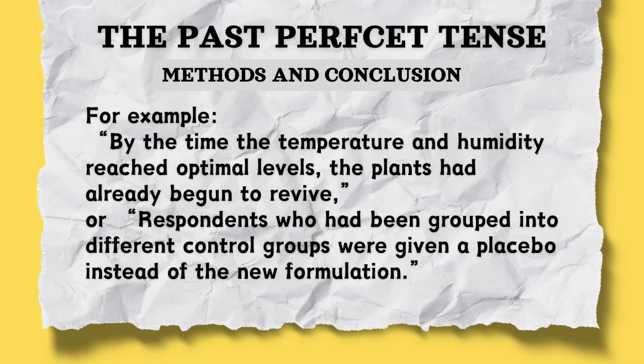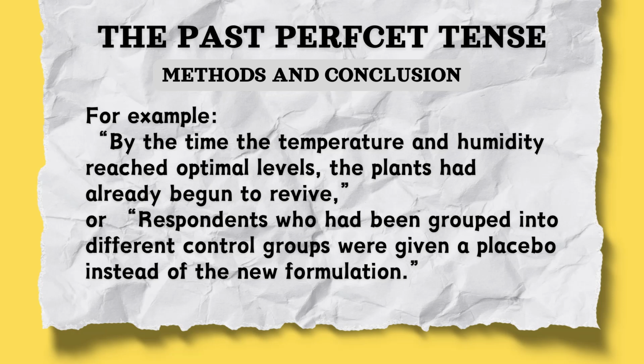The past perfect tense in this information is had begun. Another example is respondents who had been grouped into different control groups were given a placebo instead of the new formulation.